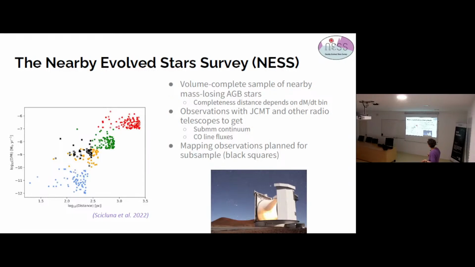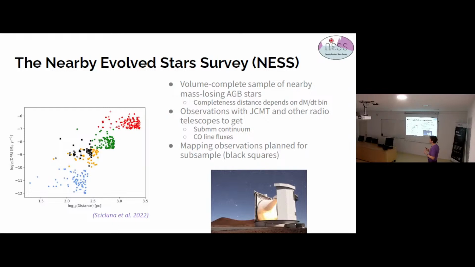And for each mass loss rate bin, we went out to a certain distance to ensure completeness. So we divided our sample in 4 mass loss rate bins and went out to a certain distance to get roughly equal numbers in each bin and ensure completeness out to that distance.